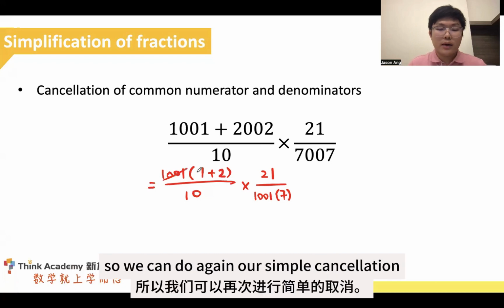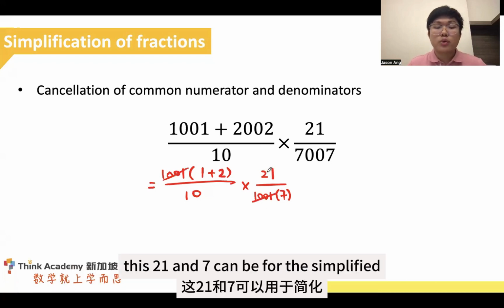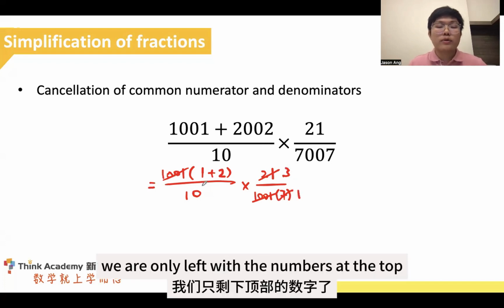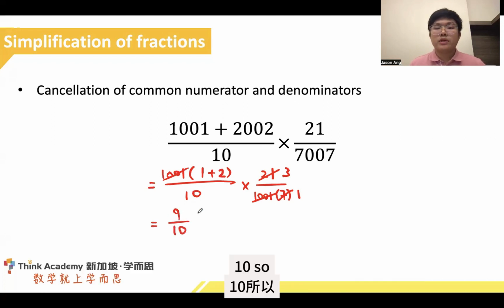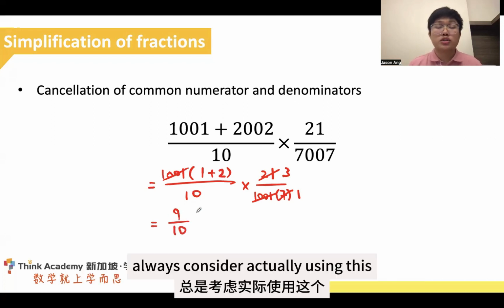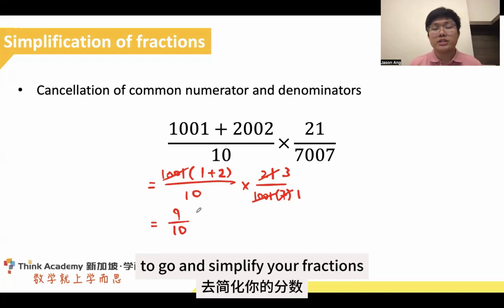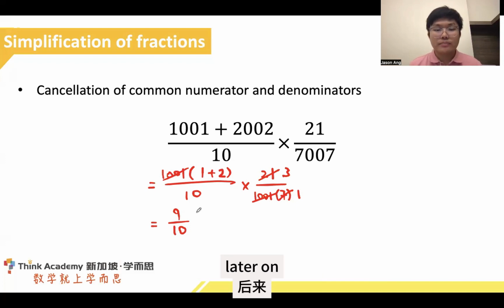So we can do again our simple cancellation, and furthermore, this 21 and 7 can be further simplified. We get 3 and 1. Just like that, we are only left with the numbers at the top and the numbers at the bottom. It's going to give us 9 over 10. So always consider using this factorization method to simplify your fractions. Whenever you simplify your fractions, it gets much easier later on.